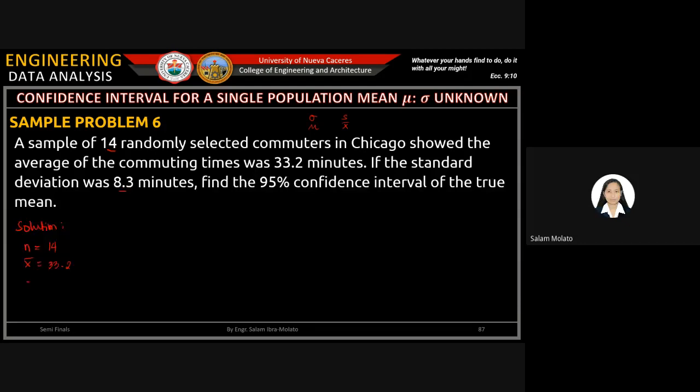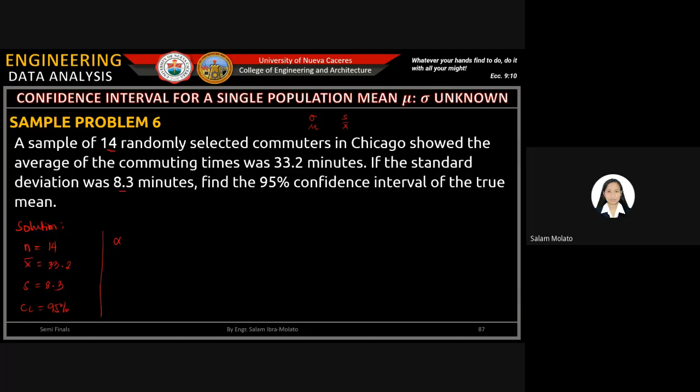And s is given, that is 8.3. And the confidence level is 95%. Oh, 'di ba? Alam niyo na yung sunod na gagawin dito. Kung yung table kasi may 95% na, kahit hindi na natin i-compute yung alpha. But for the sake of discussion, let's just compute it.